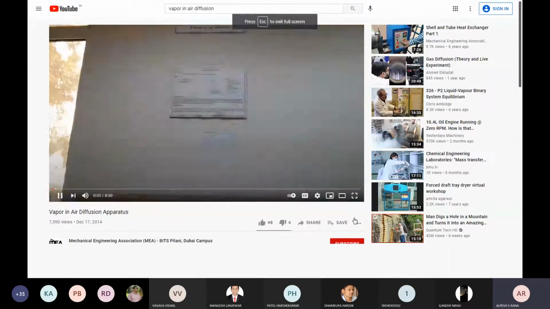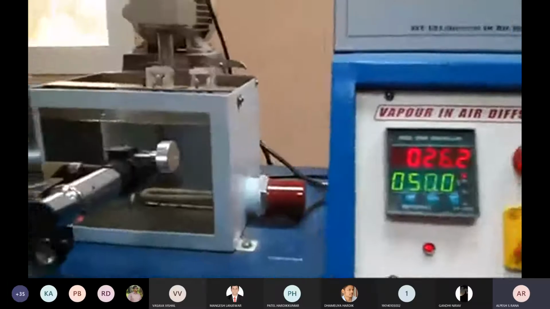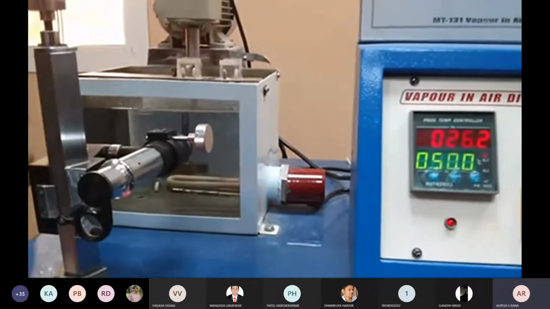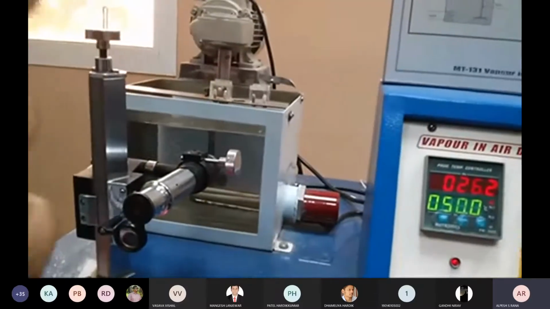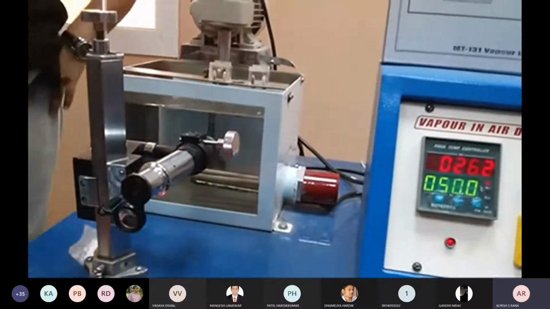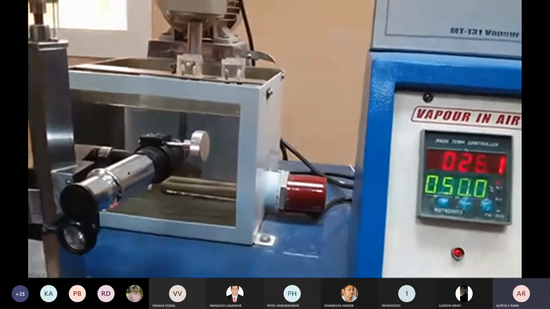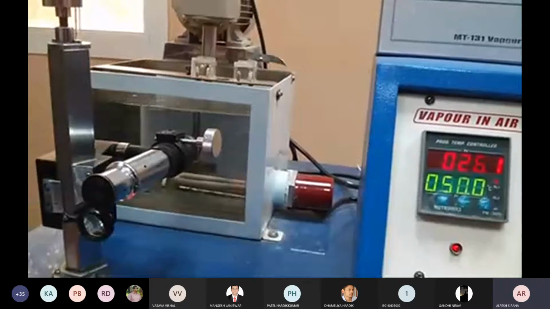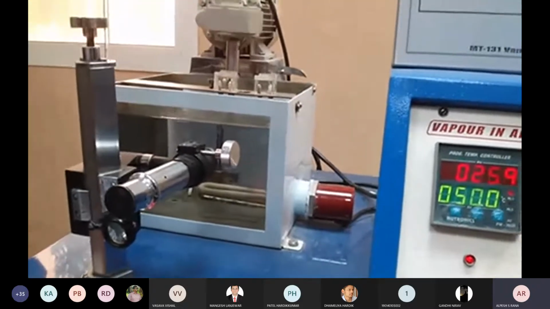So this experiment is the vapor in air diffusion apparatus. So basically, by conducting the experiment on this, we are trying to find out the diffusivity of acetone into air, right? Diffusivity is like thermal conductivity in heat conduction experiments.